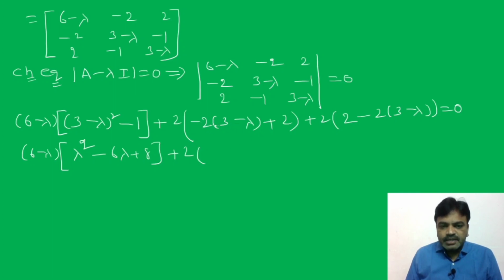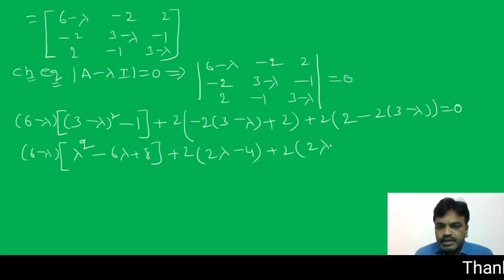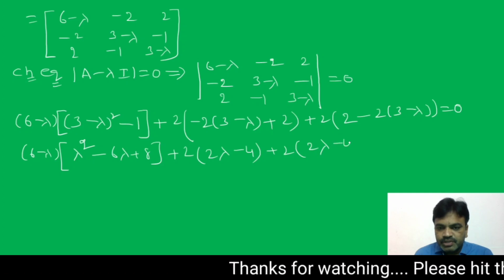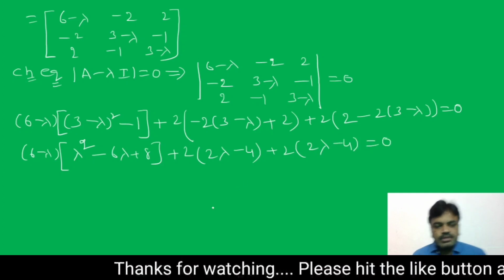That means we get here minus 2 into minus lambda, 2 plus 2 lambda, minus 2 into 3 minus 6 plus 4, we get here minus 4, plus 2 into, similarly multiply with minus 2 here, we get 2 lambda minus 2 into 3 minus 6 plus 2, so we get minus 4 here, that is equal to 0.